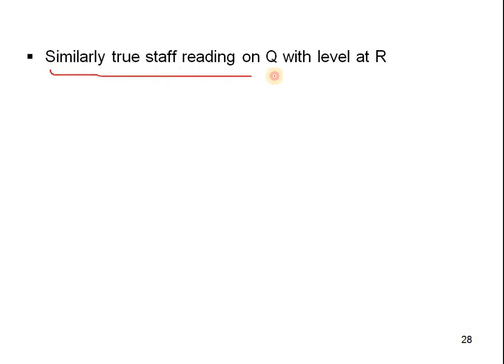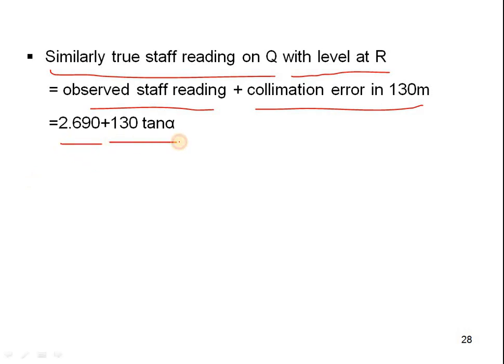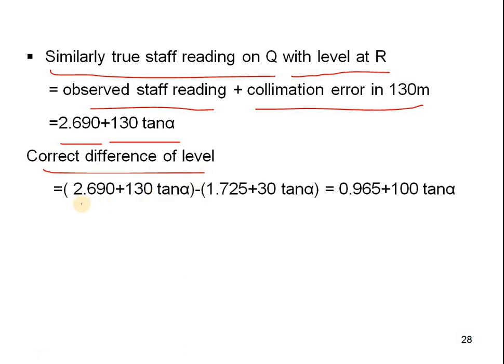Similarly, the true staff reading on Q with level at R is the observed staff reading plus the collimation error in 130 meters, therefore it is 2.690 plus 130 tan alpha. So 130 is the total distance from Q to R, and the correct difference of level is 2.690 plus 130 tan alpha minus 1.725 plus 30 tan alpha.